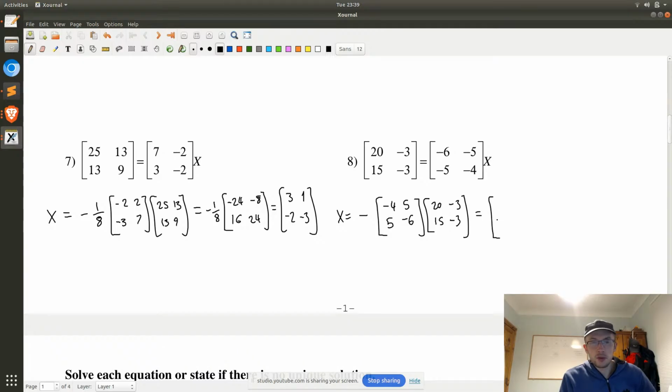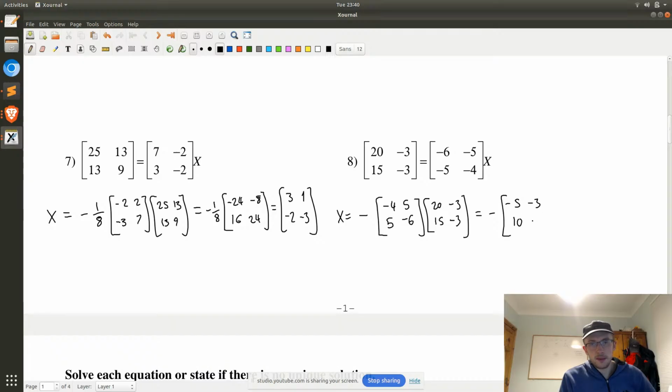And now multiply and negate the entries. Best just multiply first and negate after. Yeah? So negative 80 plus 75 is negative 15. No. See? Negative 80 plus 75 is negative 5. 12 take 15 is minus 3. 100 take 90 is 10.